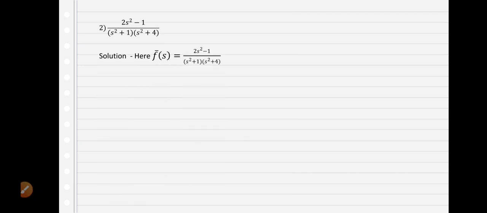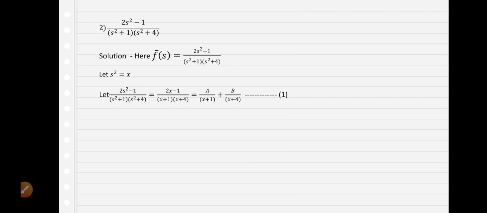So f bar of s, the given function, put s square equal to x. With this substitution, the given function of s becomes 2x minus 1 upon x plus 1 into x plus 4. Now x plus 1 and x plus 4 are linear factors, so we can write them as a upon x plus 1 plus b upon x plus 4 as a sum of partial fractions.